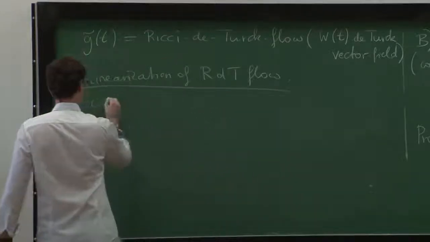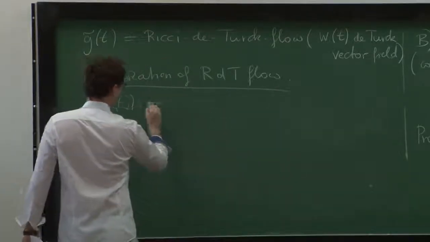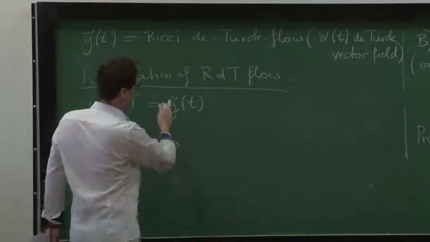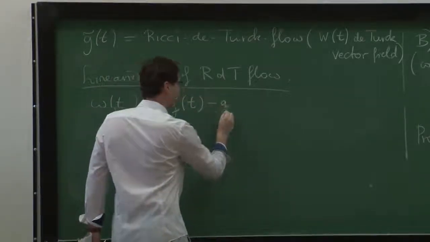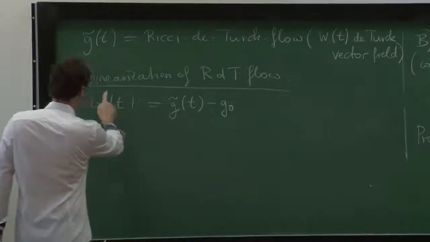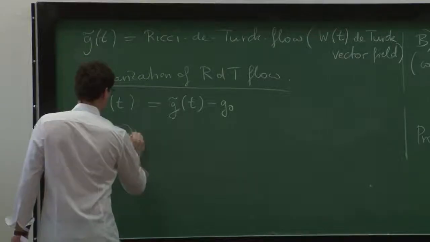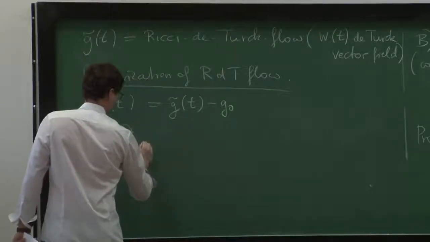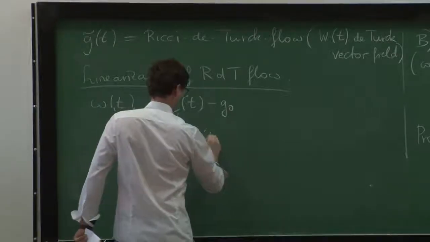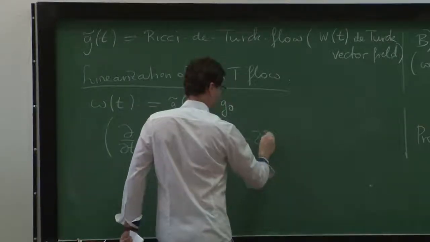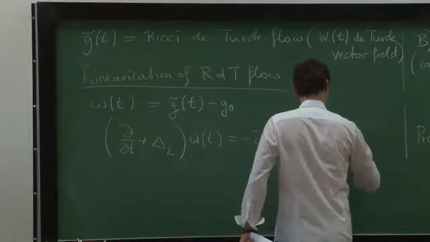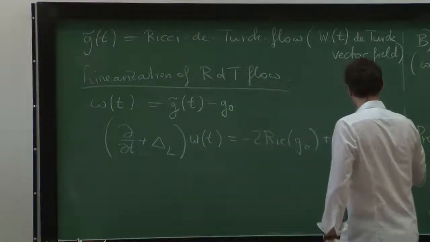If I define an omega t by looking at how much my G tilde t differs from the original metric at the time 0, then this difference satisfies the following equation, plus some quadratic terms in omega t.